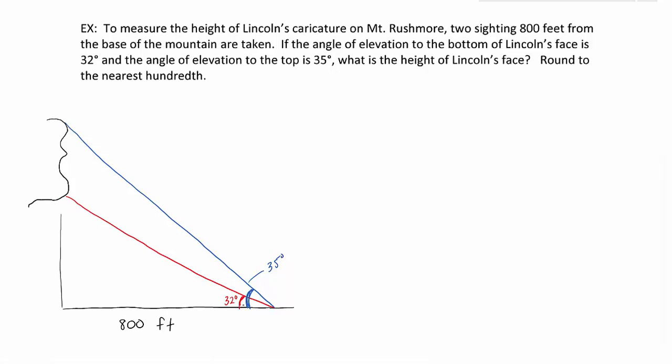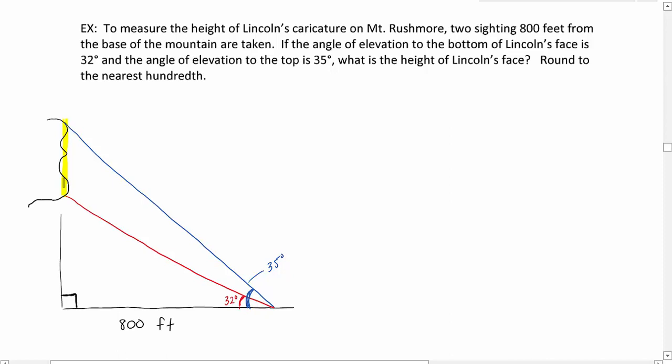So we have to figure out how we would do that with the information that we're given. Now, the ground we're assuming is perfectly flat and that we're going straight up to Lincoln's face. So we do have a right angle down here in the corner. But all we're trying to do is figure out what this amount right here is.